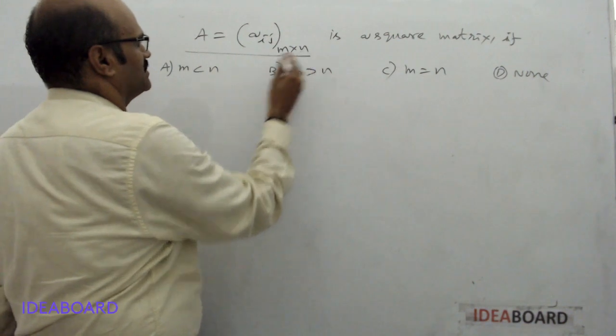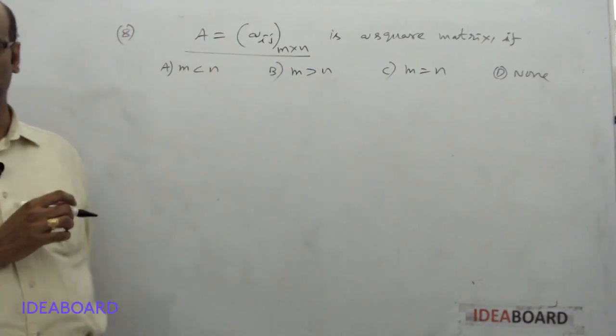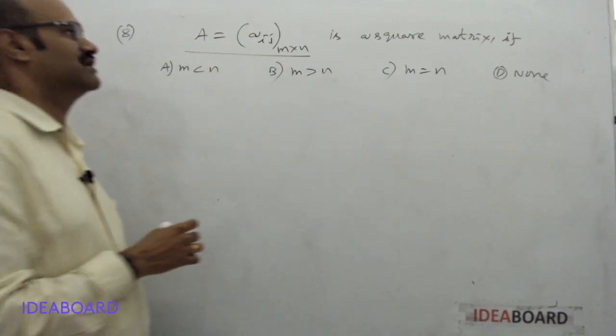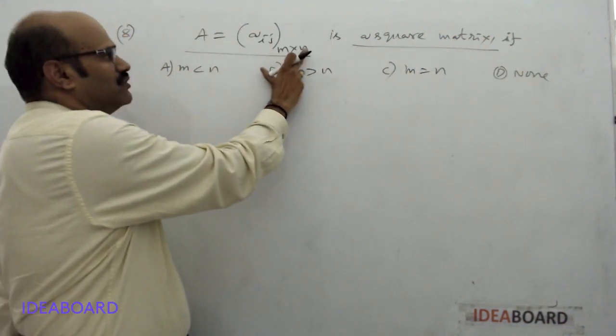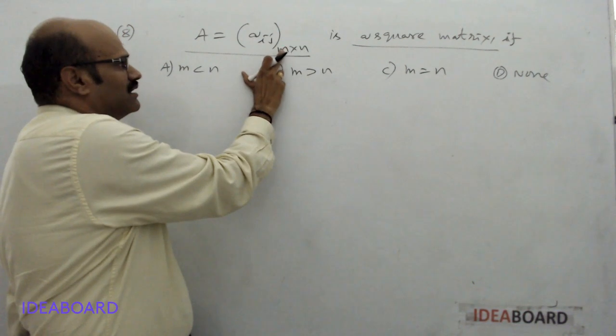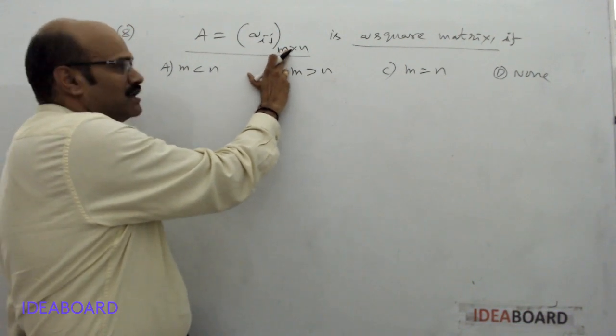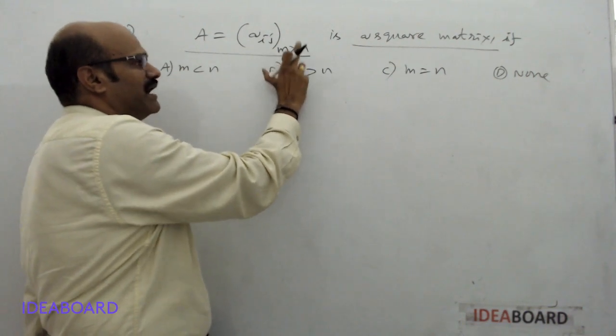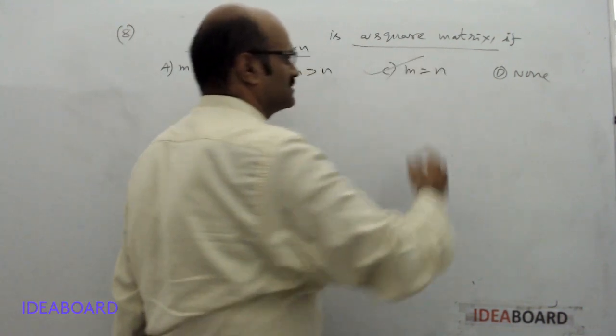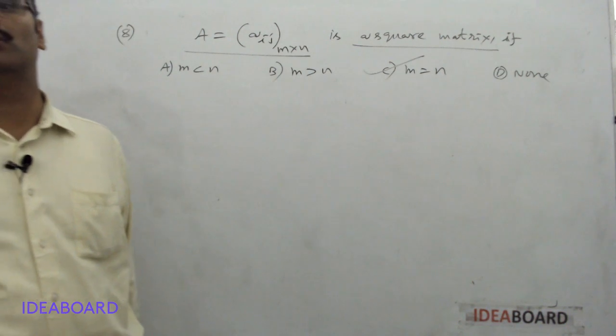A equal to Aij m by n is a square matrix. When do you say that it is a square matrix? If the number of rows is equal to the number of columns. Here the number of rows equal to m and the number of columns equal to n. So when m equal to n, this matrix is said to be a square matrix. So answer is m equal to n.